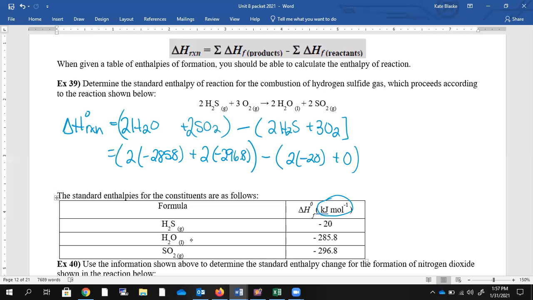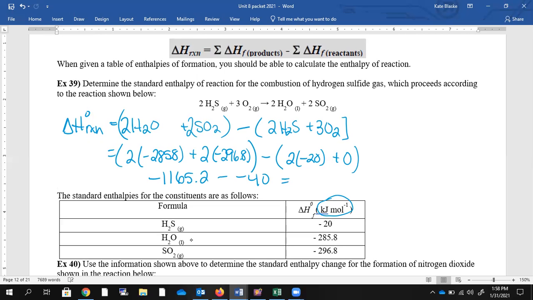So I'm going to take 2 times negative 285.8 plus 2 times negative 296.8. Oh, those numbers are pretty close to each other. So that gives me an overall number of negative 1165.2, and then minus negative 40 means that I'm adding 40.